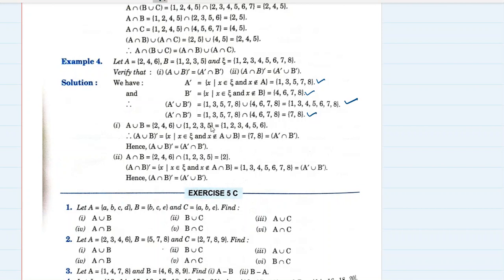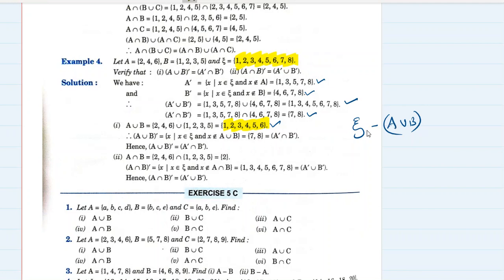A union B can be taken out easily over here, and A union B complement is the universal set minus A union B. So from the universal set, if you remove A union B, which is 1, 2, 3, 4, 5, 6, what will be left? 7, 8.